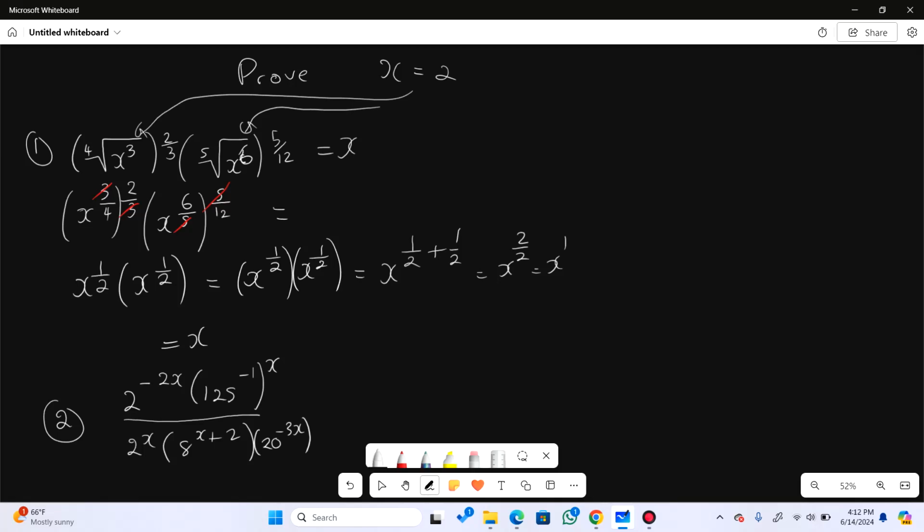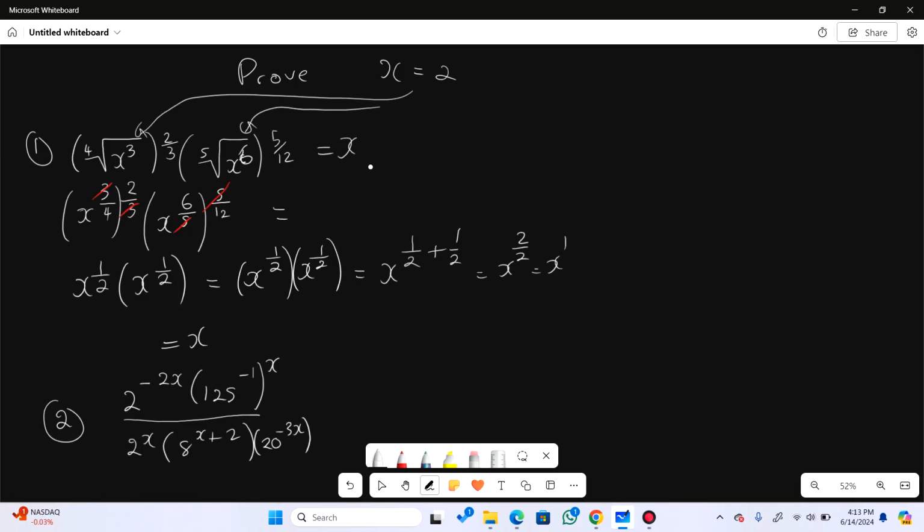So 4, and then this becomes 2 cubed, and then basically raised to the power 2 over 3, then times 5, and then 2 raised to the power 6, all raised to the power 5 over 12, and then we get a value of 2, right?